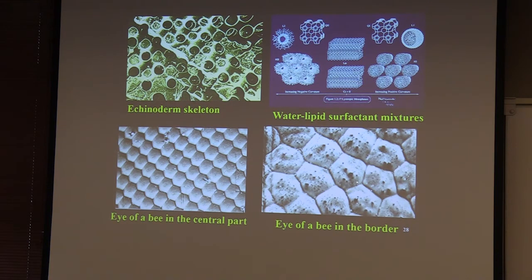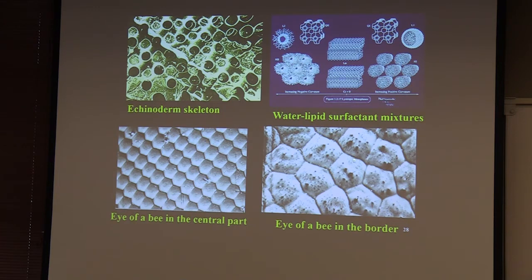you find some pentagons. And what these pentagons do is that they curve the surface of the eye to end the eye. So they play an important role in adding curvature to the flat part of the eye. So at different levels, nature uses curvature.